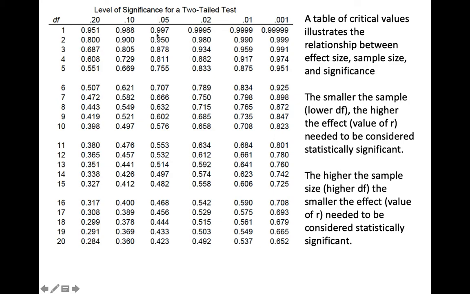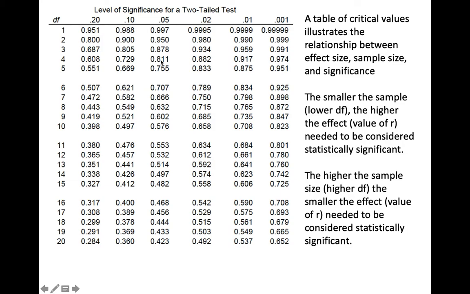Let's take our conventional alpha level of 0.05. If we had a sample that was only 6 people, so degrees of freedom 4, we would need to calculate a correlation of 0.811 between those two variables to determine that that's a statistically significant correlation.